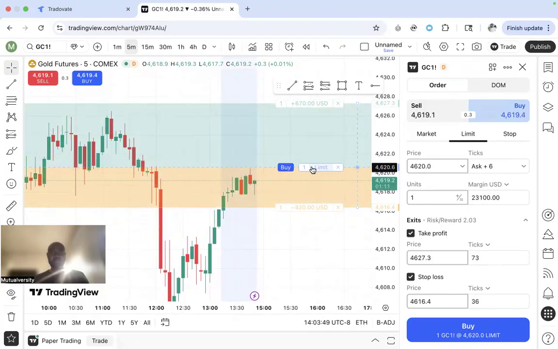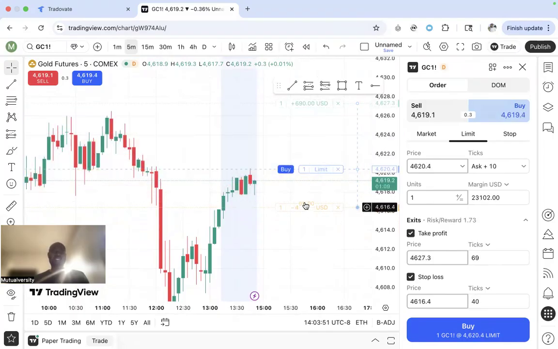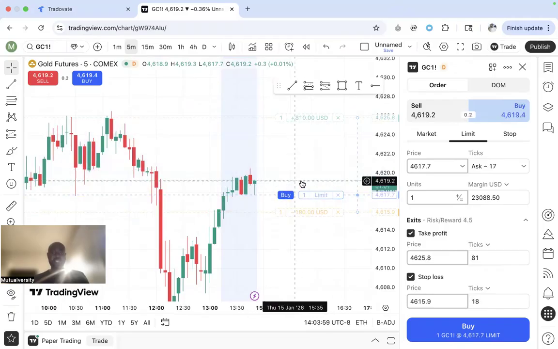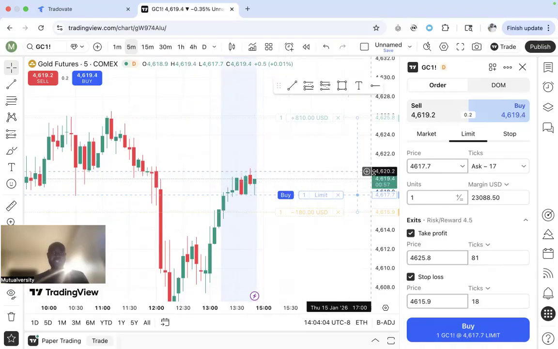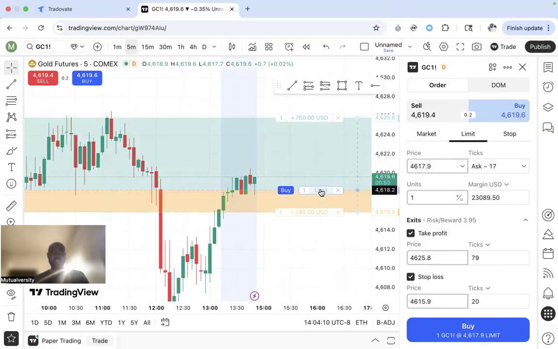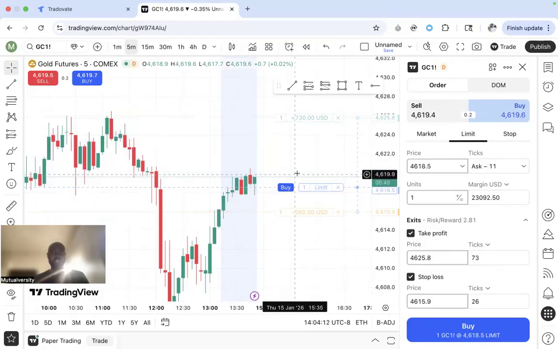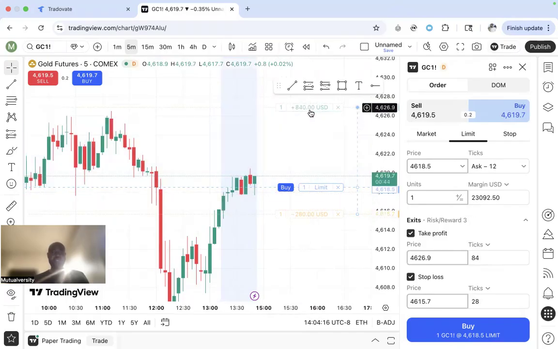I want to enter from here and I want to put my stop loss here. So that's another thing. You always put limit below the current price. This green line is where current price is. As the price is moving up, this will move up with it or move down with it. So limit is always below current price. So I put my stop loss there, put my take profit up there.